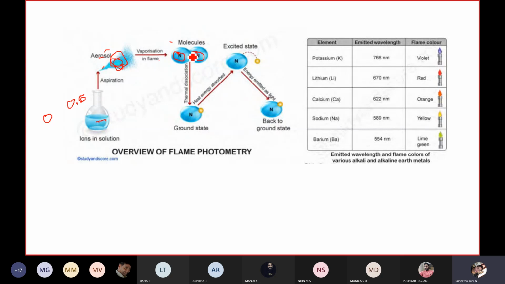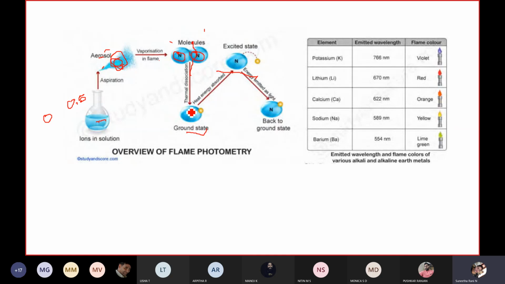When these molecules are in the vaporized state and get heated, due to thermal dissociation they split into two atoms: one goes to the ground state, and the other gets excited to the excited state.